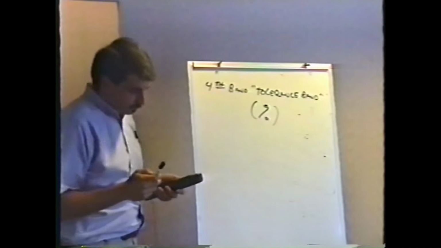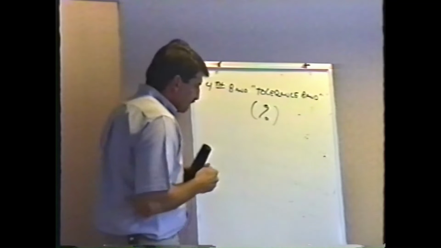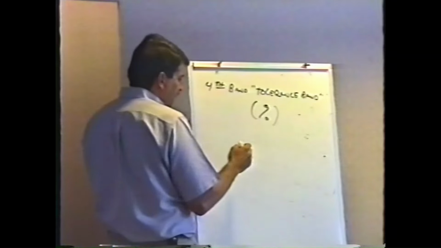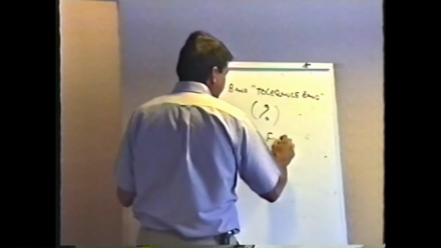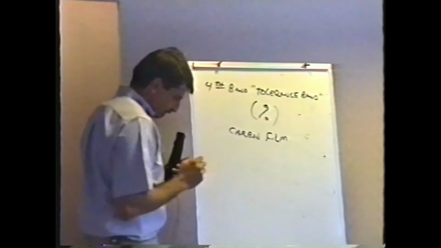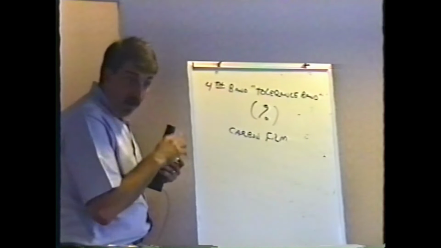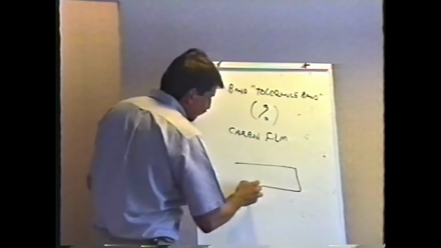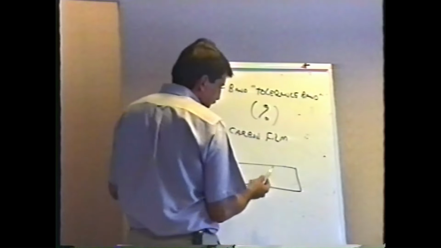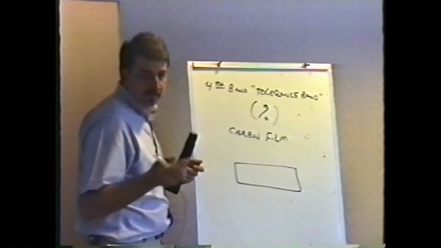Here's the deal. These resistors that I've given you are called carbon film resistors. And what they are inside is a little cylinder made out of ceramic. Just like a china plate, just ceramic.